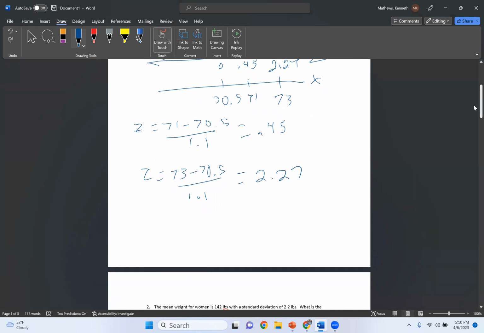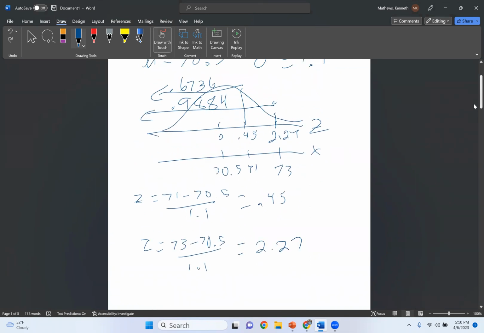So it's 0.9884 minus 0.6736 equals 0.3148.